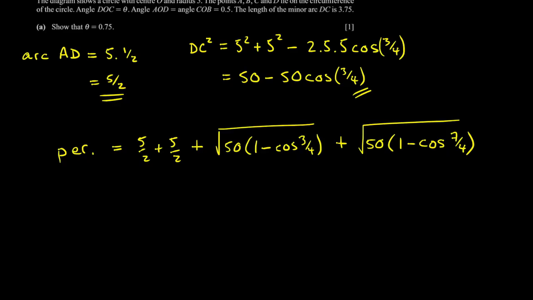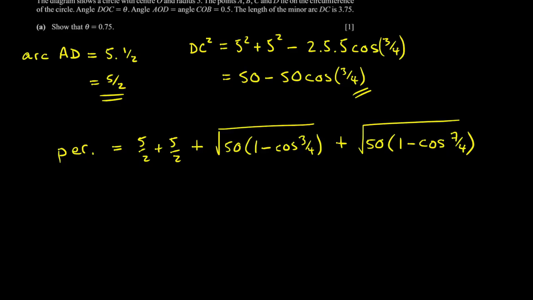Syntax error, how irritating. Okay, let me just, sorry guys, let me just try that again. Oh dear, square root of 50 bracket 1 minus cos of 0.75. I need to close bracket twice. That's where I went wrong. Plus square root of 50, open bracket, 1 minus cos 1.75, close bracket.